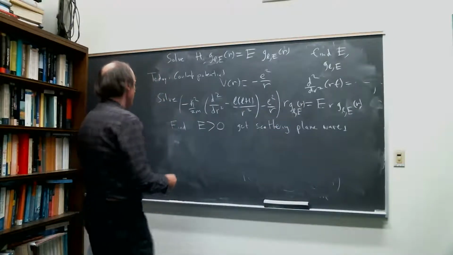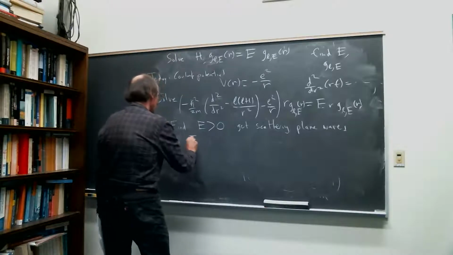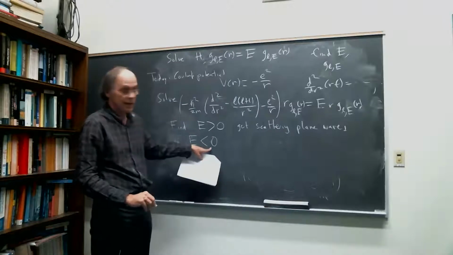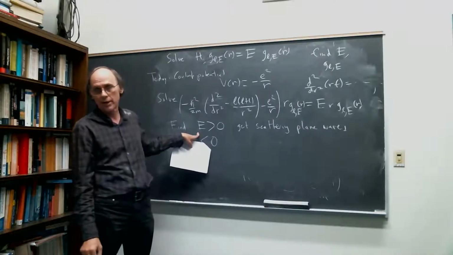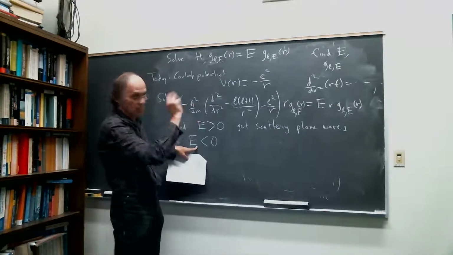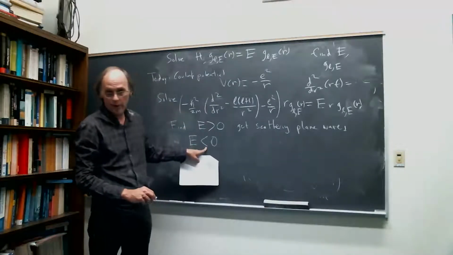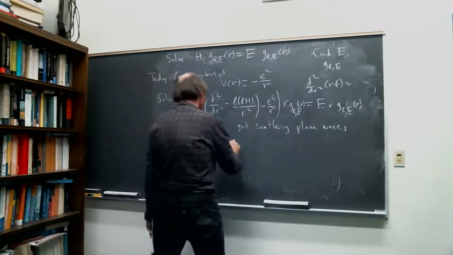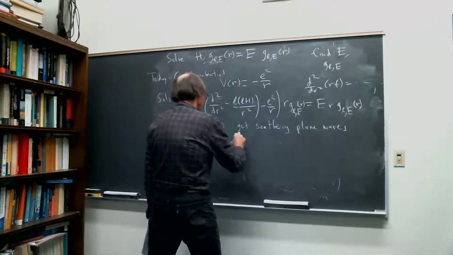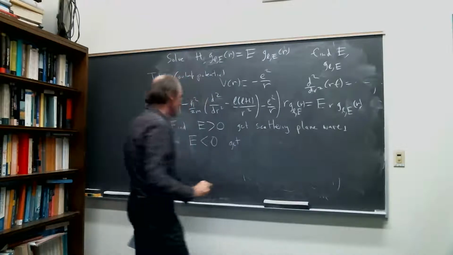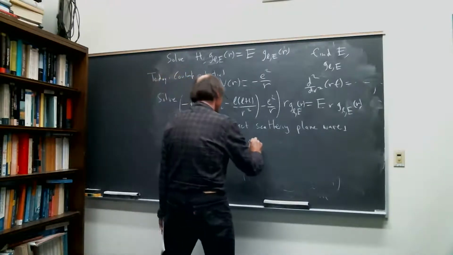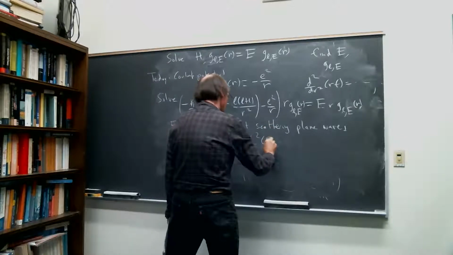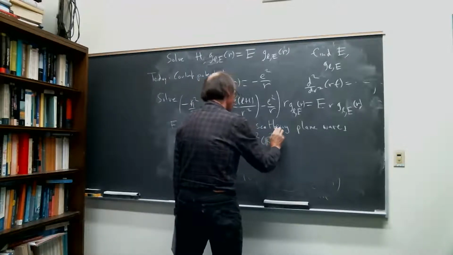Well, what happens is that for E less than 0, if you look for positive eigenvalues, that's what you find, a continuum. If you look for negative eigenvalues, you get L2 solutions.